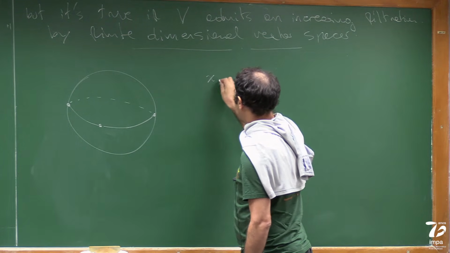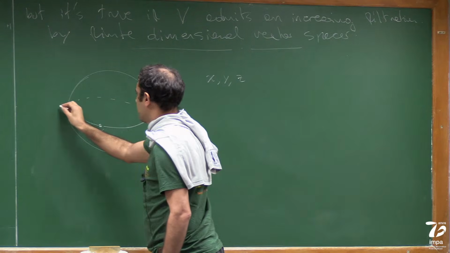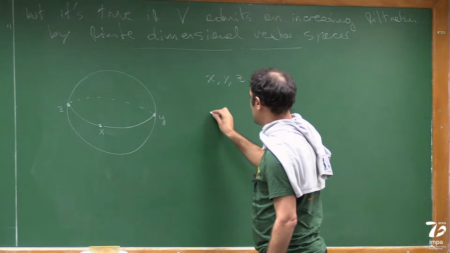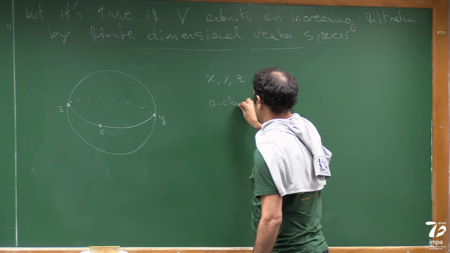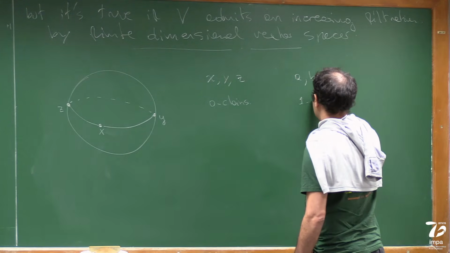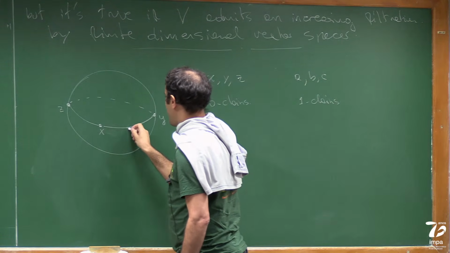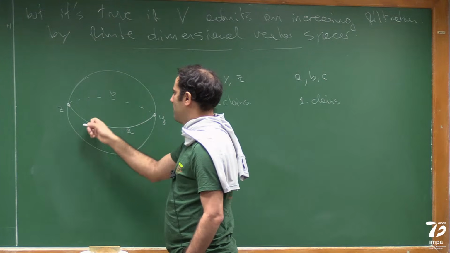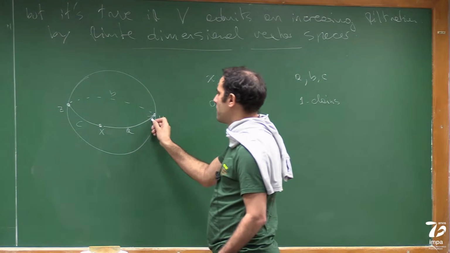Let me call them x, y, and z, which are here: x, y, and z. I have three one simplices, a, b, and c. So these are the zero chains, and A, B, and C are one chains, which are these guys, from x to y. B is here behind, and C is here. And I'm orienting this in this way.